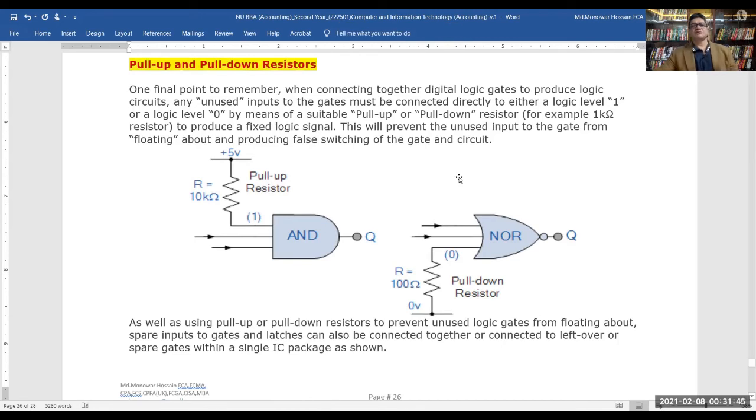One final point to remember: when connecting together digital logic gates to produce a logic circuit, any unused inputs to the gate must be connected directly to either a logic level 1 or a logic level 0 by means of a suitable pull up or pull down resistor. This is the picture of a pull up resistor, and this is the pull down resistor.